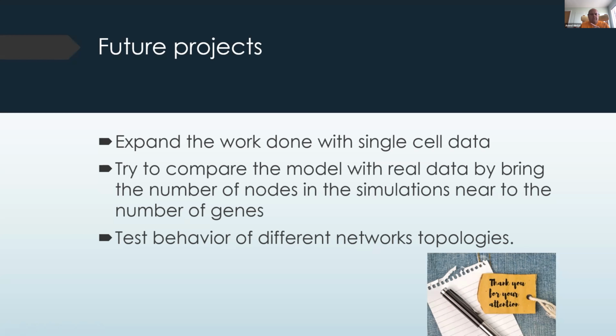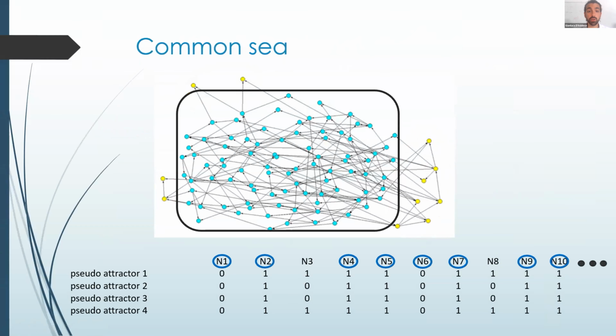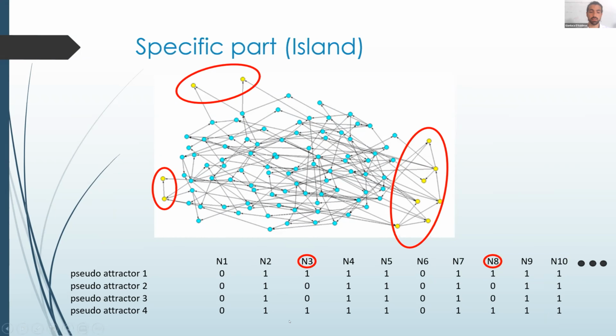In the meantime, I have one, because I think I missed that. Is the non-common part of your network non-common because it's sort of topologically not connected? Or is it, for lack of a word, logically not connected? I can go back. No, not common is the fact that, as you see here below, it is the node that has a different value in different pseudo-attractors.